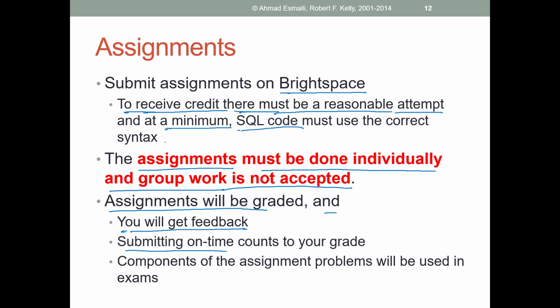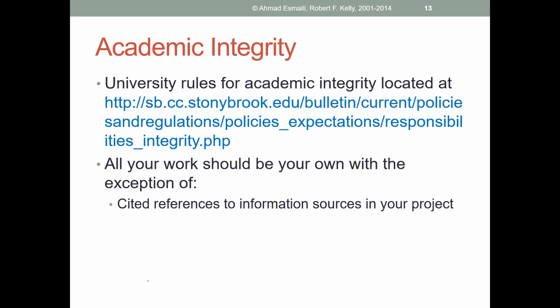You should submit the assignments on time, because I don't think I'll grade late submissions. The components of the assignment problems can be used in the exam also, so be careful and don't miss the assignments.